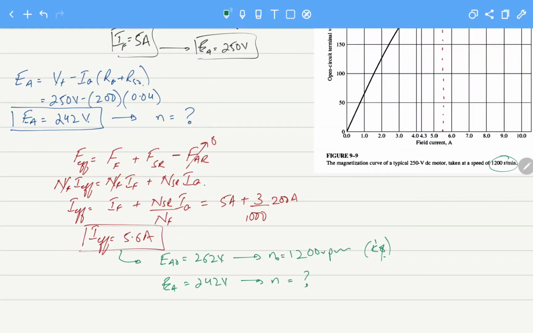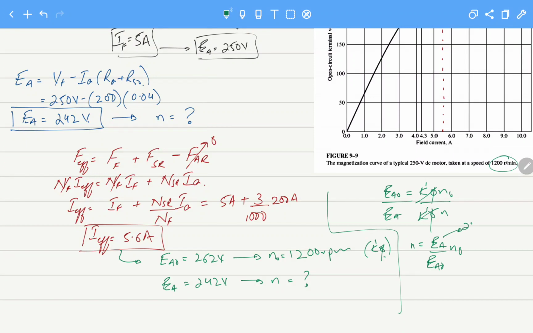This can be calculated by our unitary comparison method, which states that EA naught equals K phi omega N naught over EA equals K phi N. So the new value of N will be EA over EA naught times N naught.